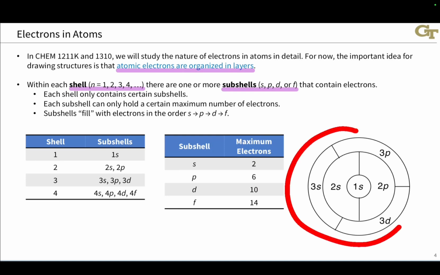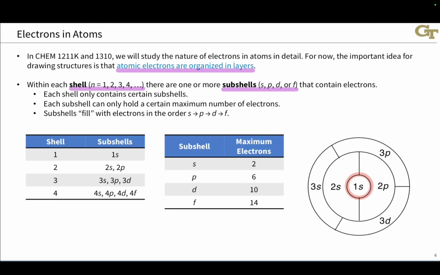I'll preface this by saying that this representation right here is not physically realistic at all. It's really only meant to evoke the idea that there are different layers in the atom. Those layers are called shells, and the sublayers within each shell are called subshells. Here in the middle, we have the n equals 1 shell, and it's got one subshell called the 1s.